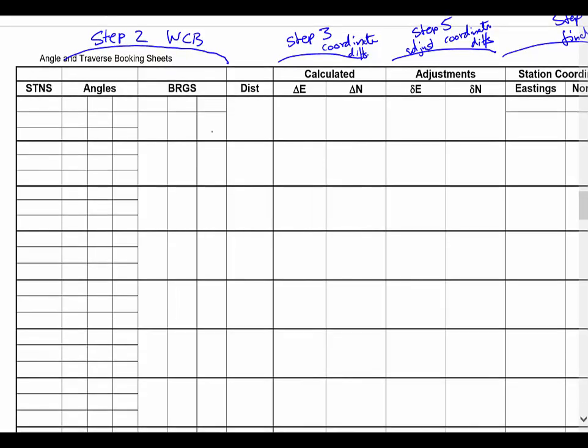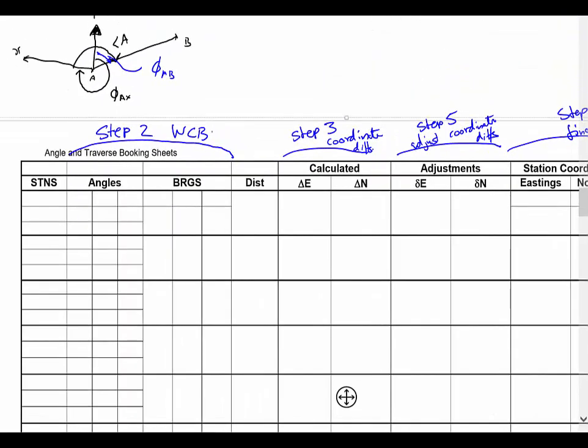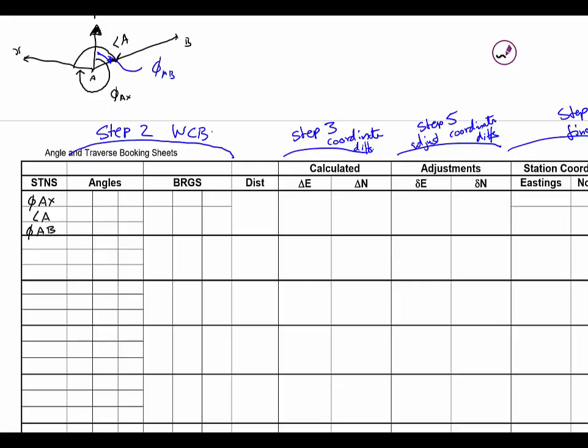So we go back to our booking sheet. 3 rows. The central row is going to be the internal angle at A. The first row is the back bearing, so AX. And the third row is the forward bearing, AB.